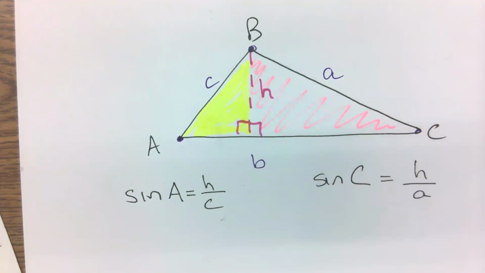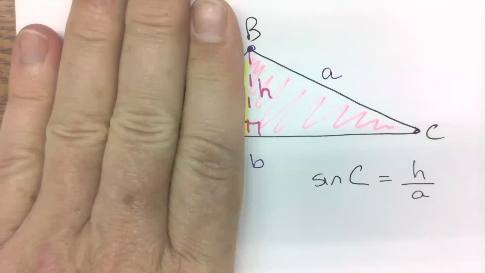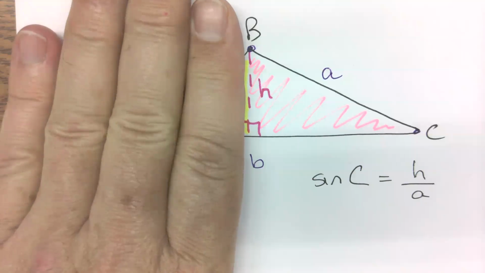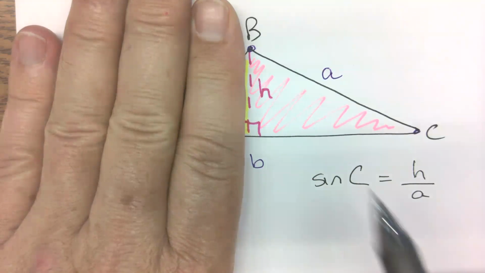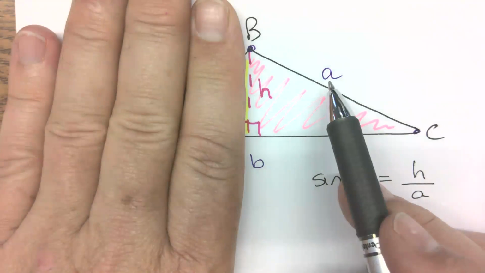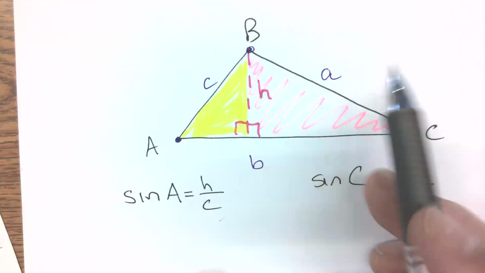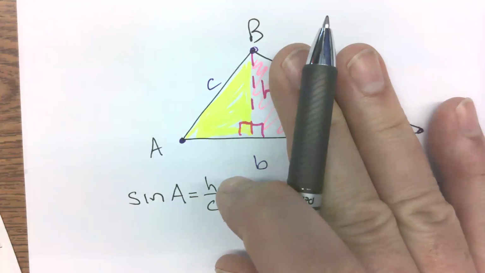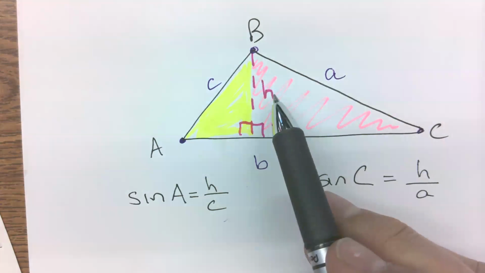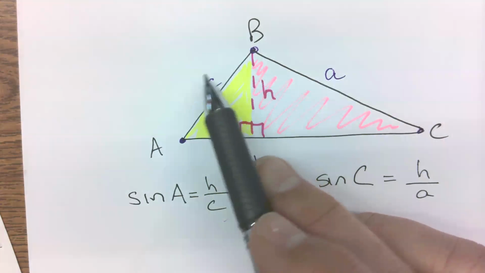If it was sine, then it would be SOH, which would be opposite and hypotenuse. But you have adjacent. Oh, but it's opposite the right angle, so it's the hypotenuse. So it's opposite versus hypotenuse.